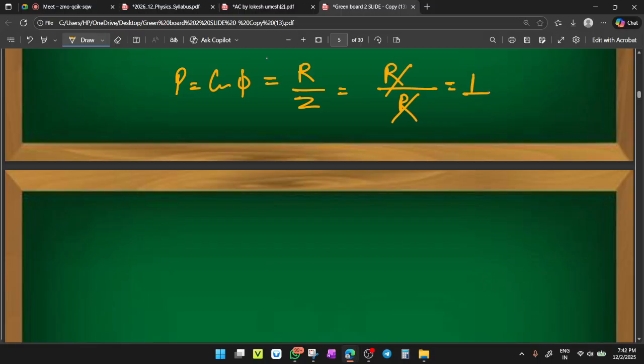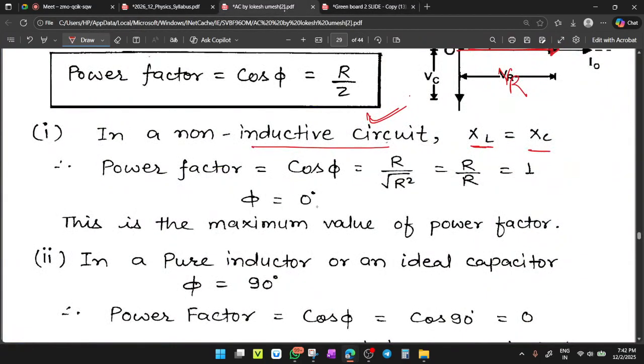Non-inductive means when there is no inductance, then power factor cos phi equals R by Z. Pure resistance is R and Z is also R, so R and R cancel out and the power factor becomes unity. So if cos phi equals 1, then phi equals 0 degrees. This is the maximum value of the power factor, obviously, since cos phi has the maximum value 1.